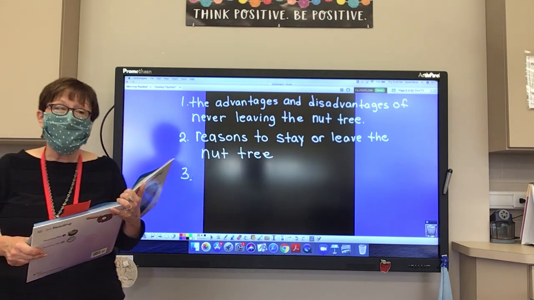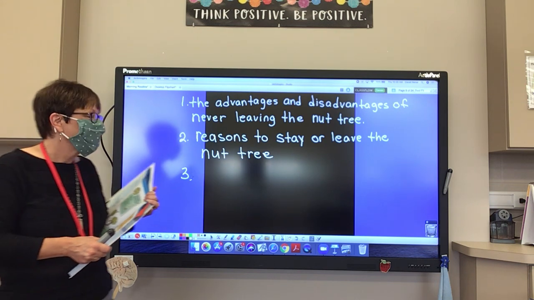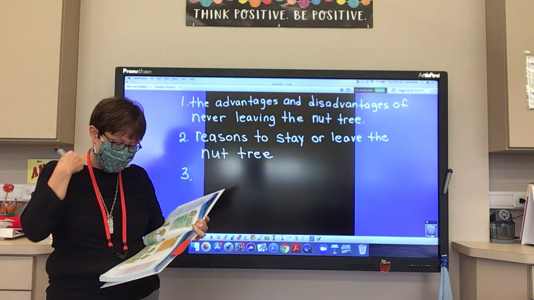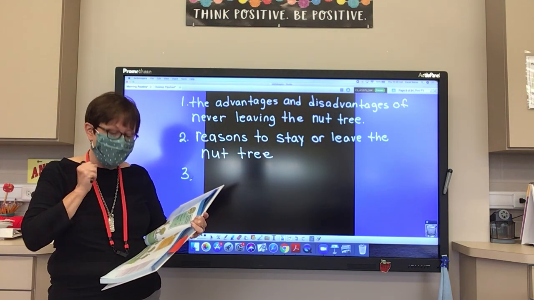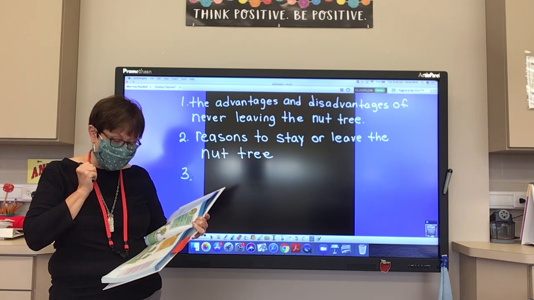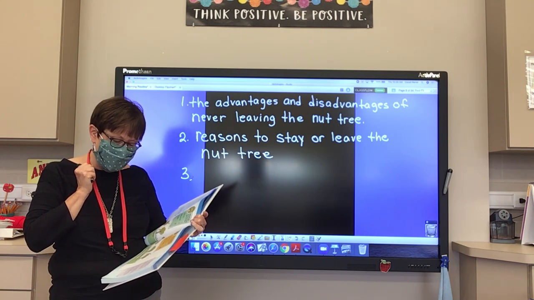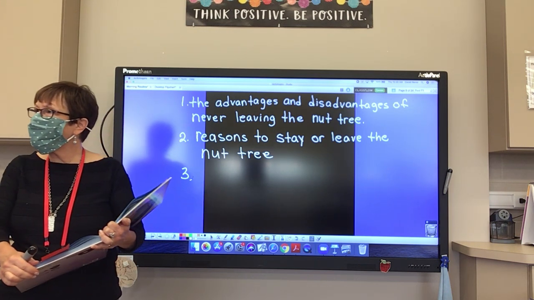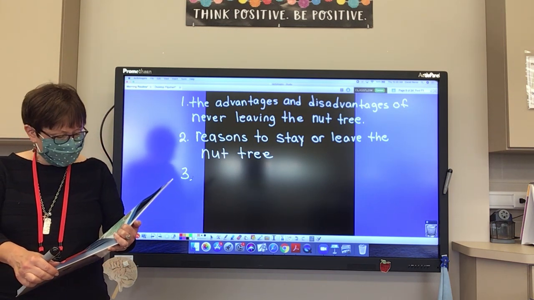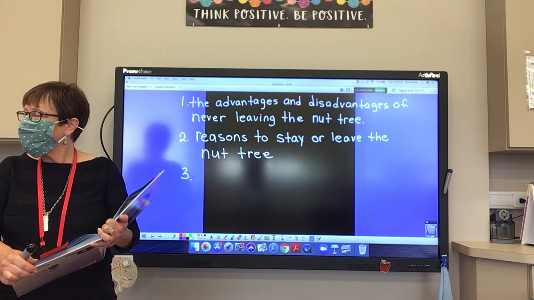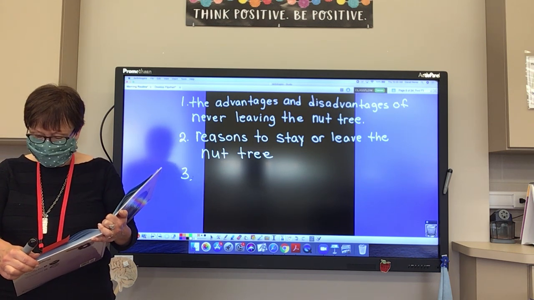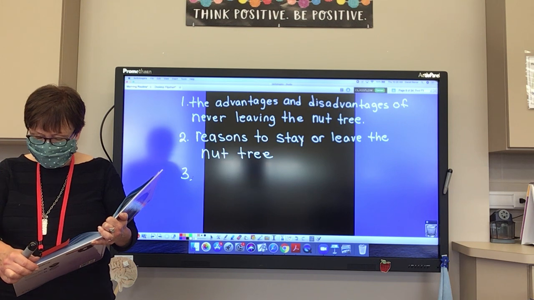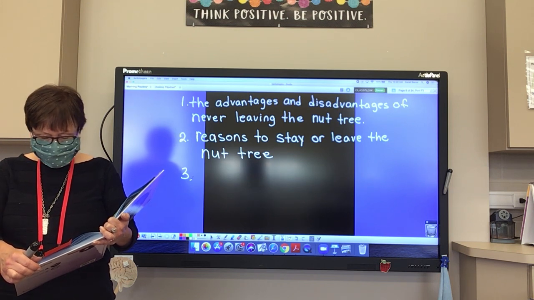Okay, now, according to the diagrams, why might Scaredy Squirrel stay in the nut tree? Why might he stay in the nut tree? Jensen? Avoid all the tarantulas, poison ivy, green Martians, killer bees, germs, and sharks.